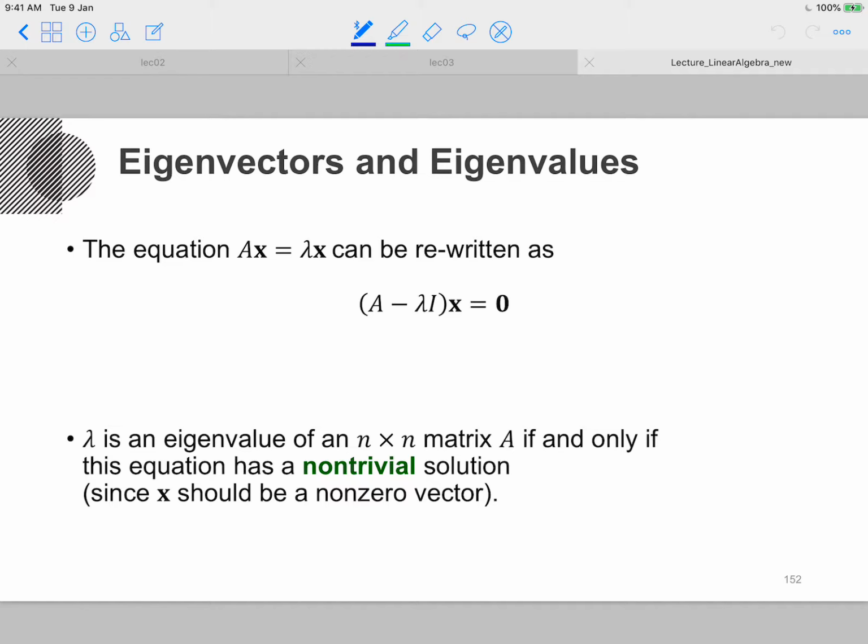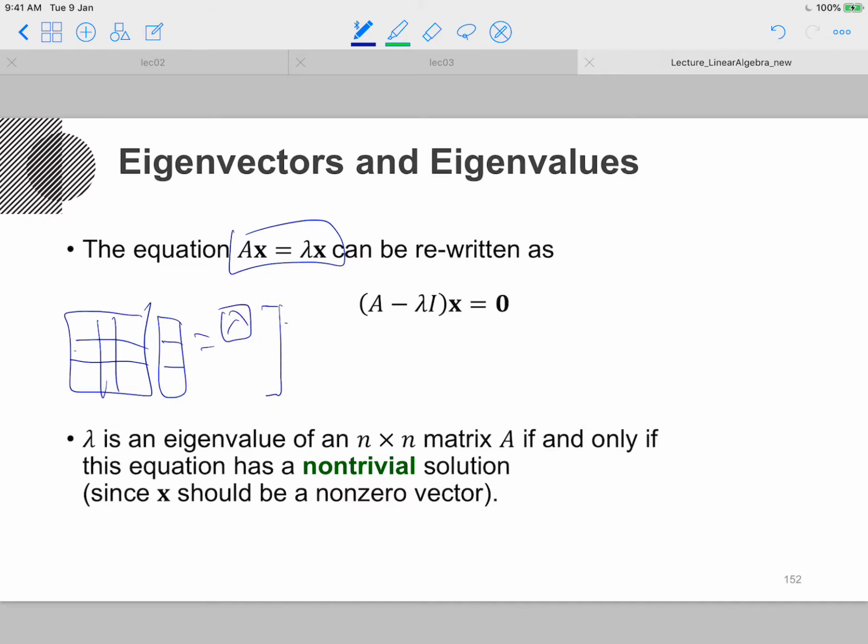Okay, and then given this requirement or equation for the eigenvalue and vector to satisfy, we can represent it as Ax equals lambda x, and then we can actually change it into Ax minus lambda x, and then Ax minus lambda I x, right?